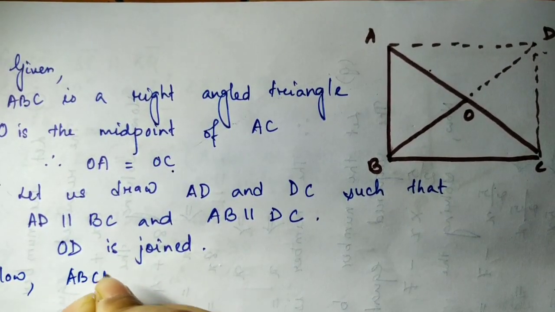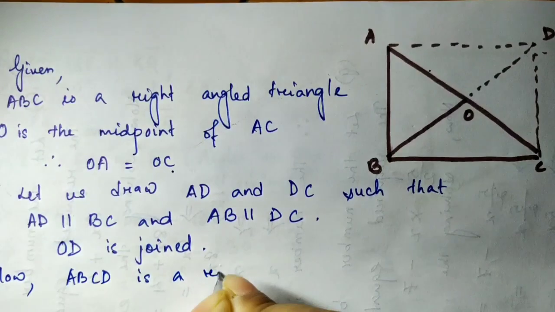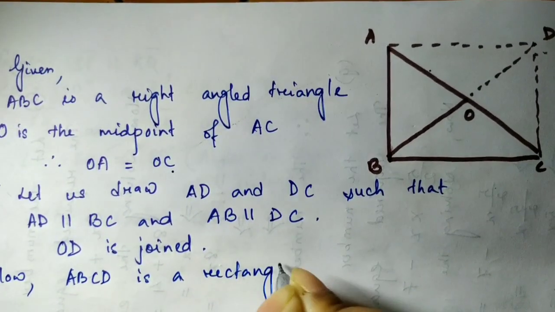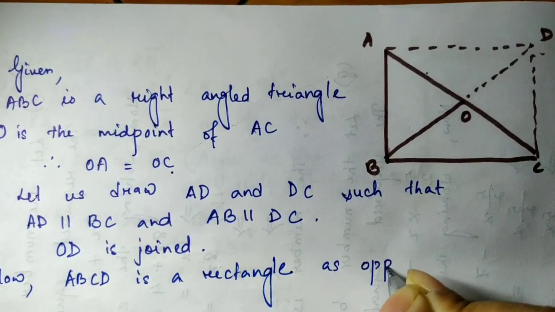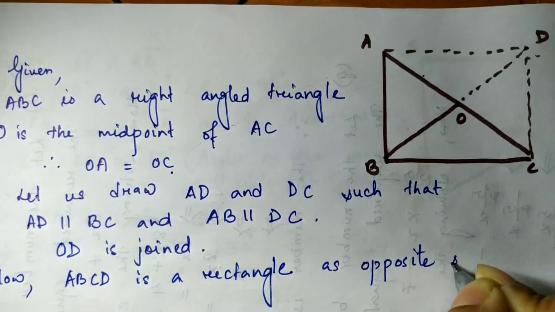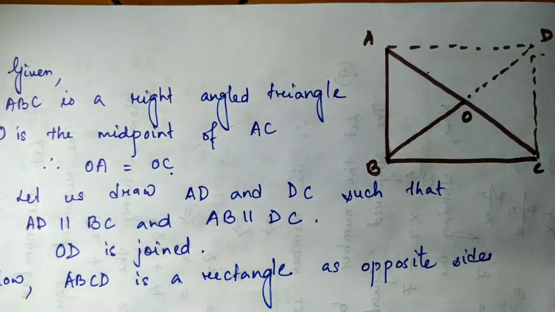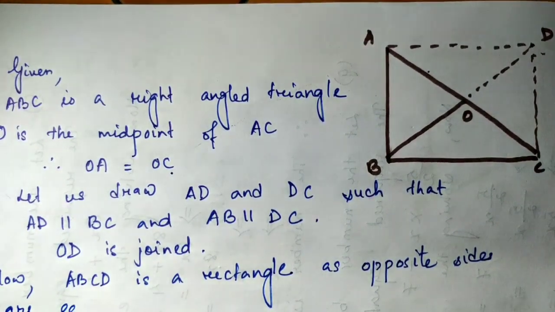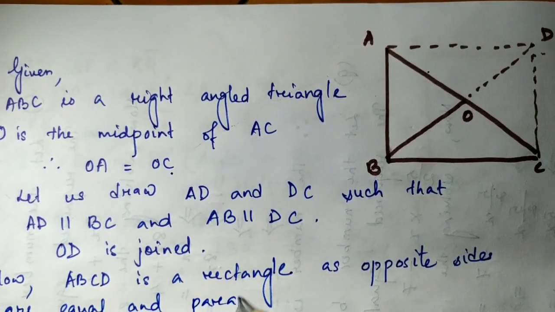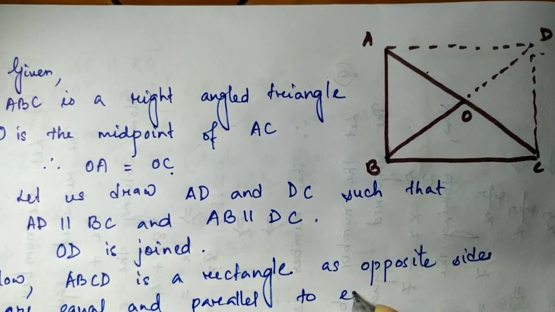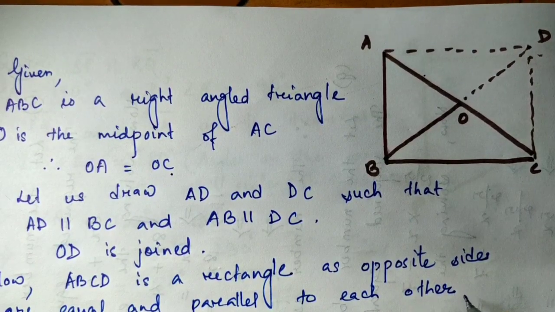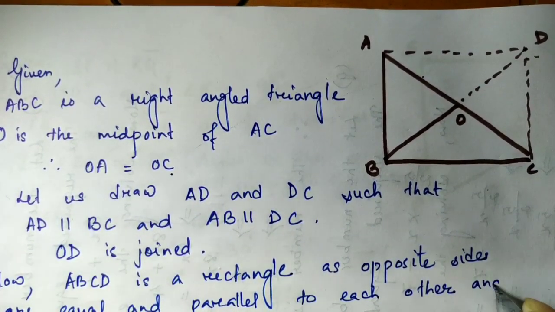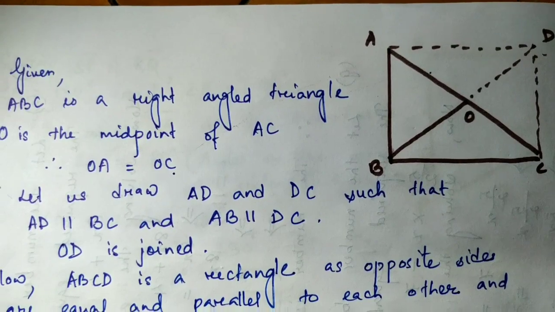ABCD is a rectangle. You have to write this in justifying the thing as: opposite sides are equal and parallel to each other. And what is the next condition?